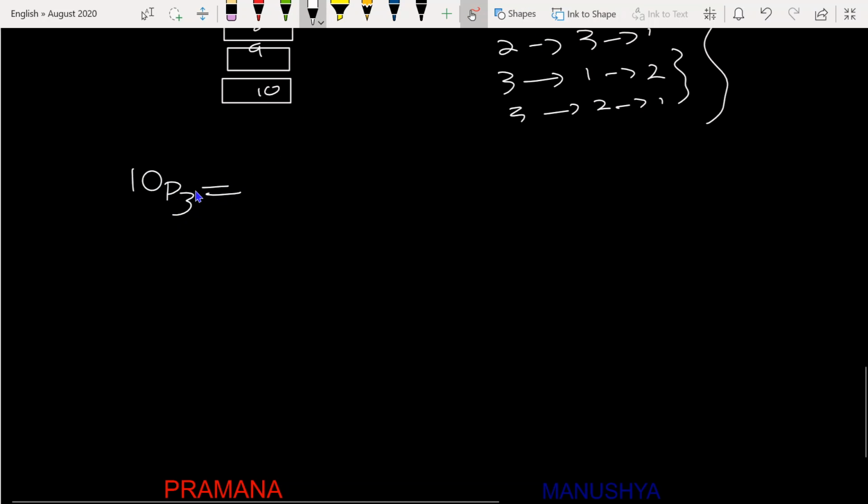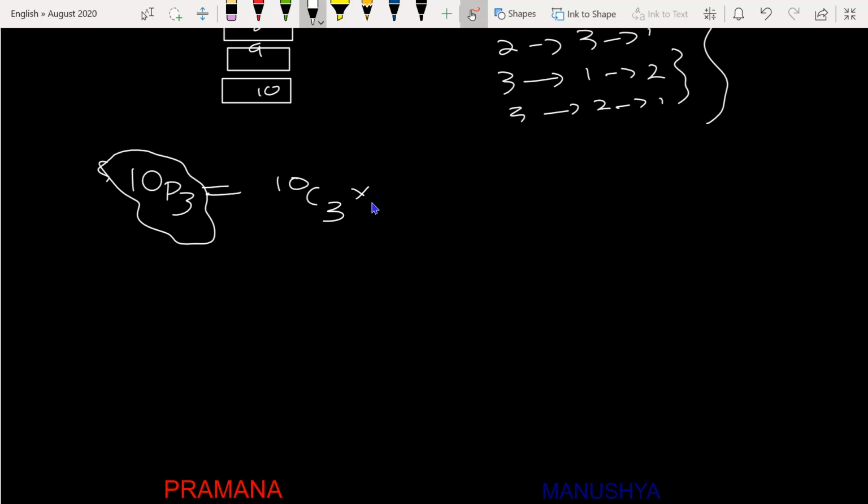It will be 10P3. Permutation means selection plus arrangement, so 10C3 into 3 factorial. So what does this indicate? I mean to say, if you have 10 objects, you have to select and arrange or permute these r objects out of n distinct objects, so that will be nPr.